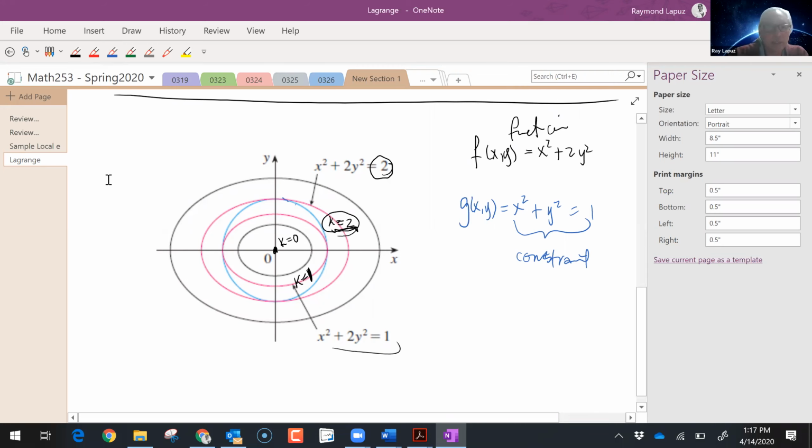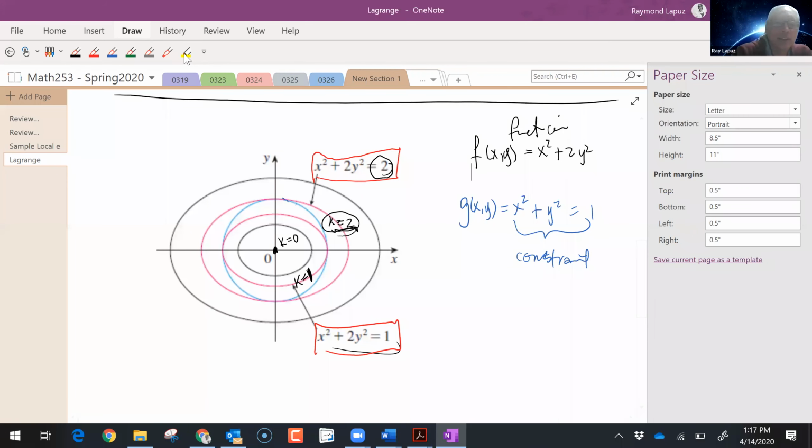Now they put the levels in black and in red, but the two levels that are actually stated in red are these ones, because they are the places where the graph, the constraint and the level curves are actually tangent to each other, which means the gradient is pointing in the same direction.